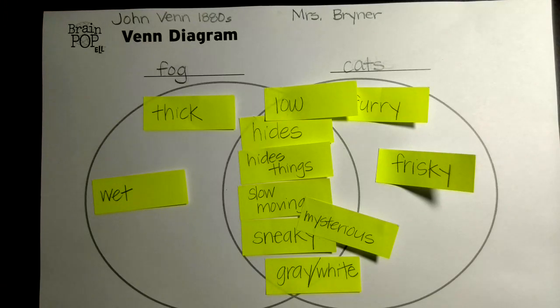So maybe that helps you understand why Carl Sandburg decided to compare fog and cats. Because even though they're two completely different things in completely different groups, there are some ways that they are very alike. There are also ways in which they are very different, which works really well when you're writing a poem.